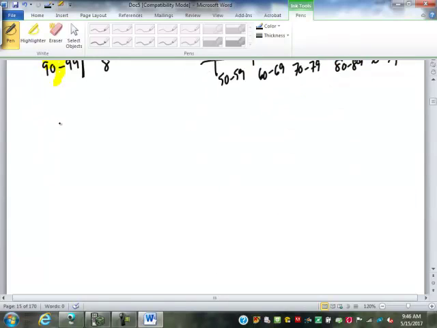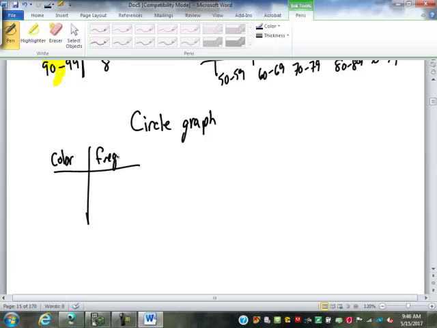Let's say we want to make a circle graph, or sometimes called a pie graph, pie chart. We're going to list favorite color here.